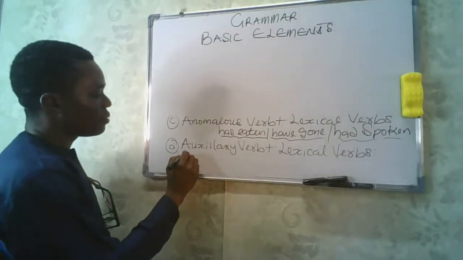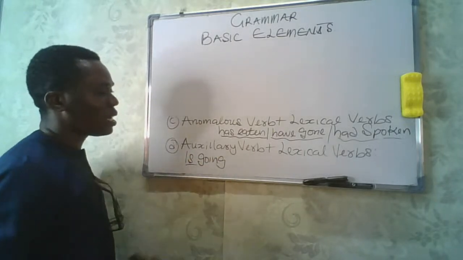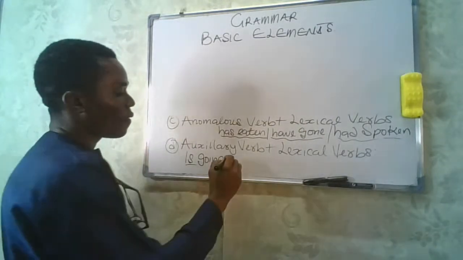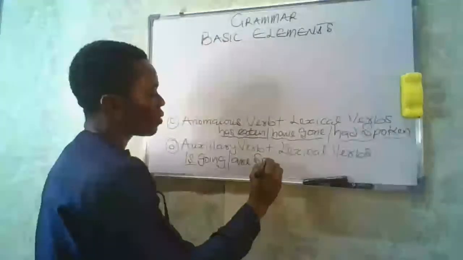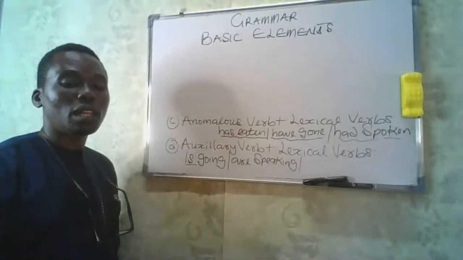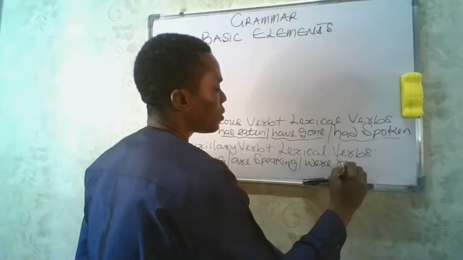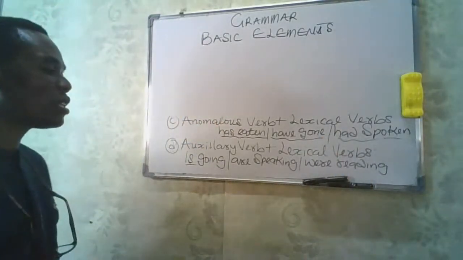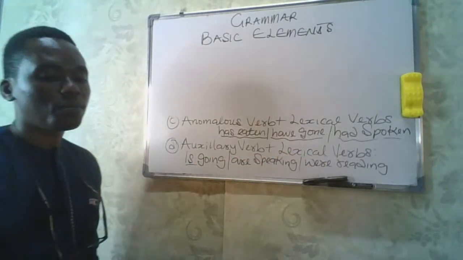Now, when we do that, we have this as is going, where is the auxiliary and the lexical is going. We can also have verbs like we were, they were what? We are reading. And that is when we have the auxiliary verbs plus the lexical verbs.